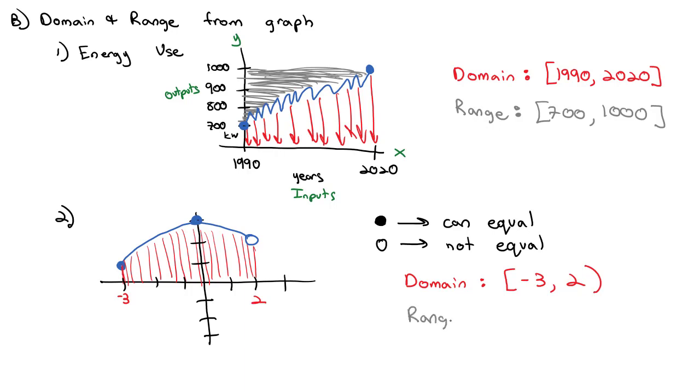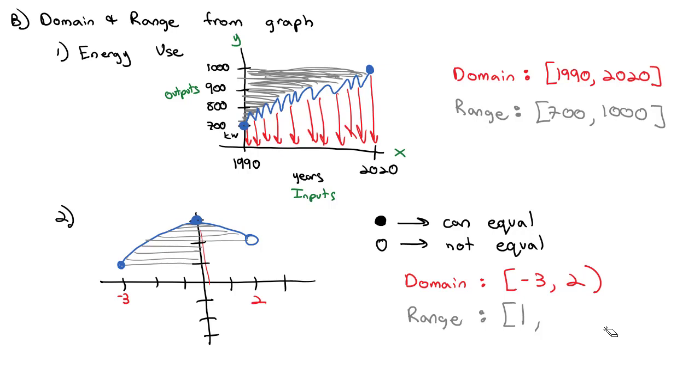For the range then, we're going to do the same thing, but we're going to look at the y's instead. Looking at the y's going from the bottom to the top, I see the graph starts here at a y of 1. Square bracket because it's a solid dot. And then the graph goes up to a top point.